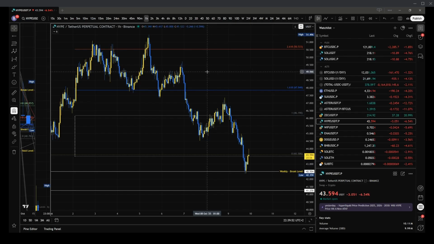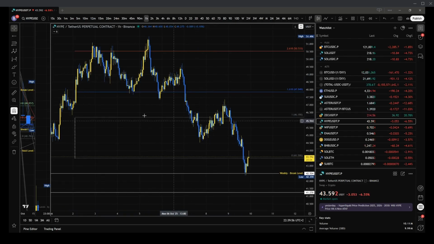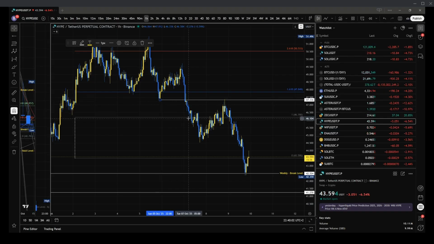That's why context is important, because if you look at the chart as it is right here, you can already see that if it hits the entry, it will also run into certain levels of resistance here.